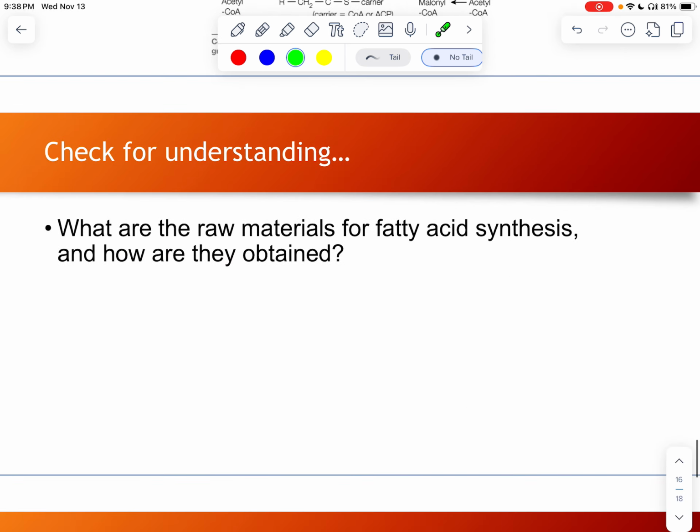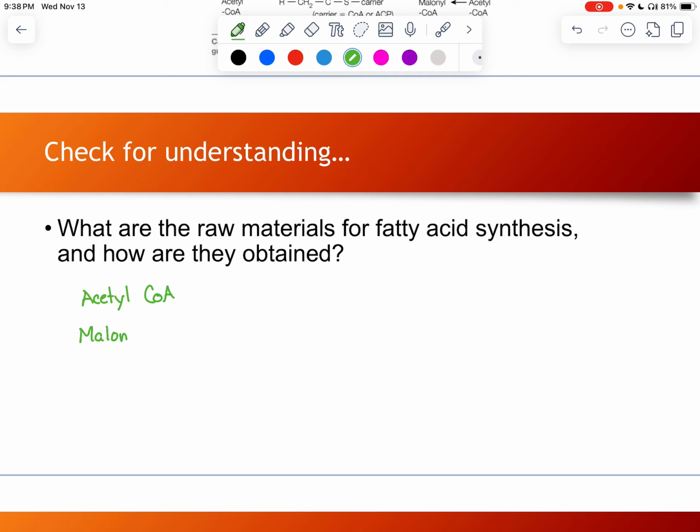All right, think about this. What are the raw materials for fatty acid synthesis, and how are they obtained? Pause the video for a sec and think. What did we need to get this started? All right, hopefully you paused and thought about that. We need acetyl-CoA. We get that from pyruvate, which came from glucose or amino acids, some carbon source.